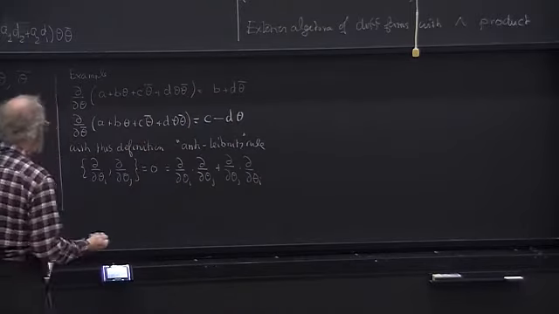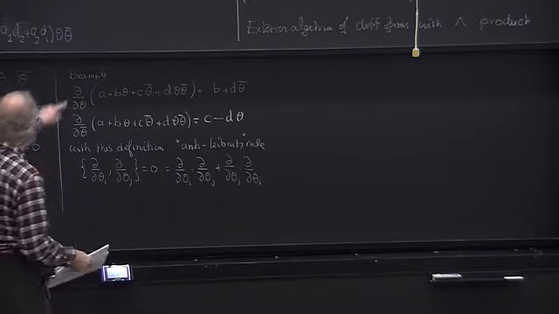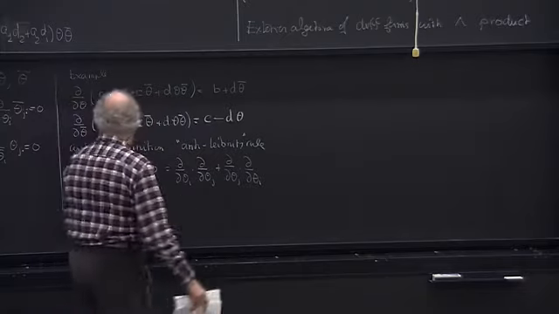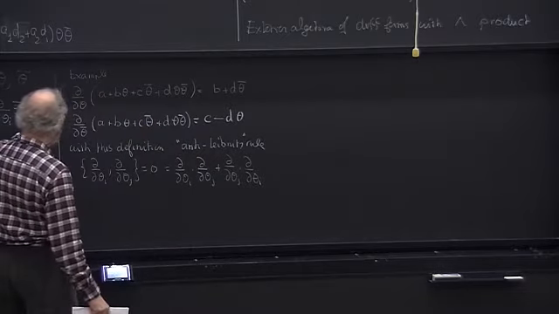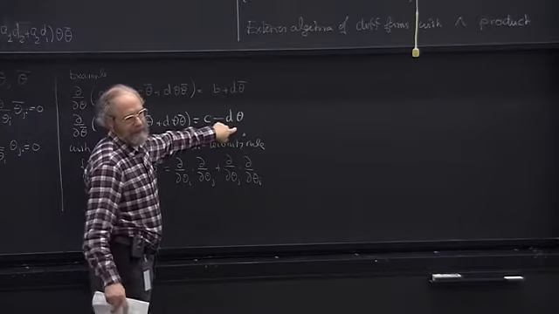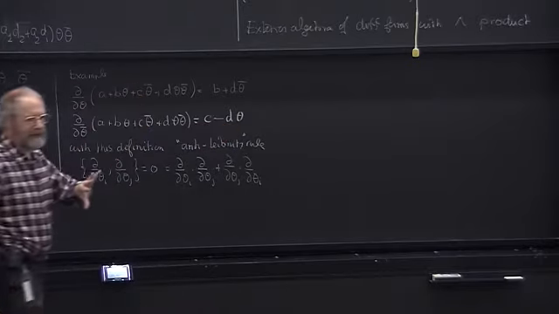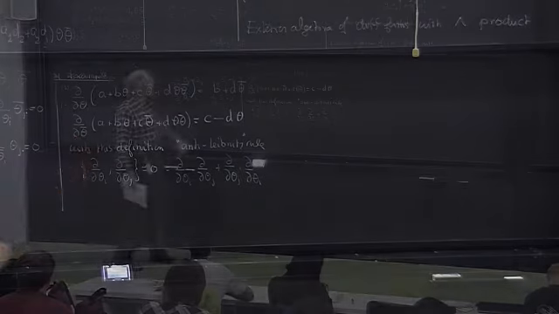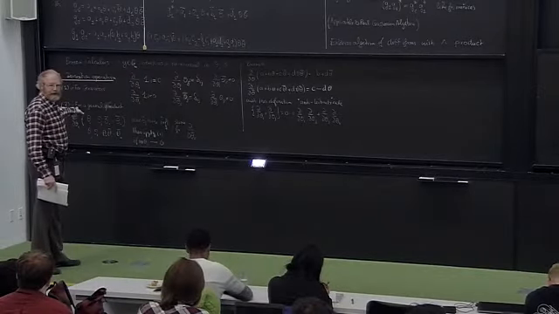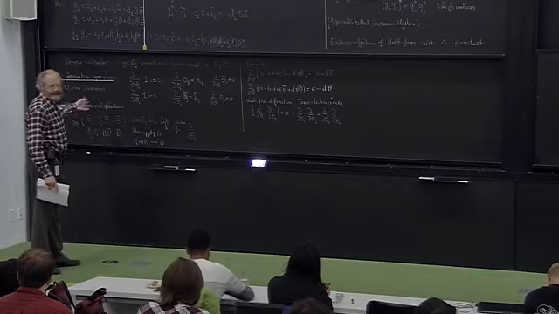You see? And you can check that if I take the d over d theta bar of d over d theta of this, I get d. But if I take d over d theta of d over d theta bar of this, I get minus d. So it's just a consequence of the definition and of the anti-commutation of generators.